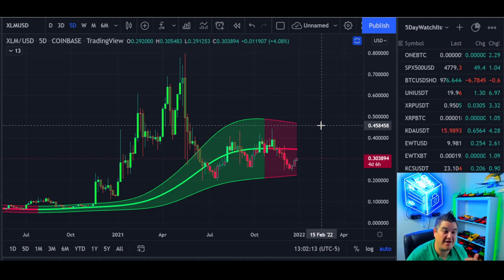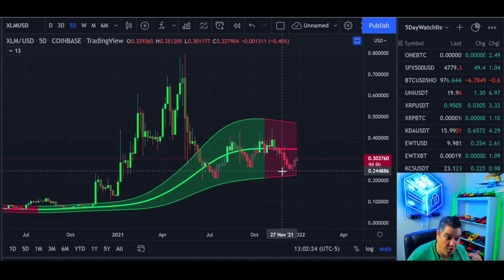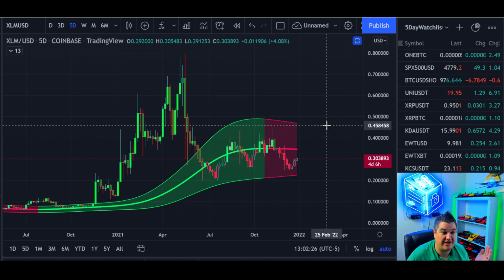You're looking at February minimum. If you have XLM, it's likely that other coins will outperform XLM between now and February 15th, just based on this one indicator alone.